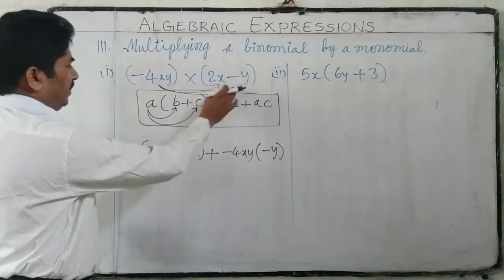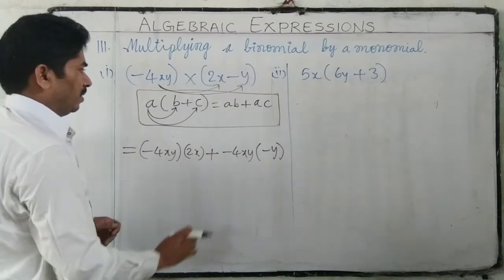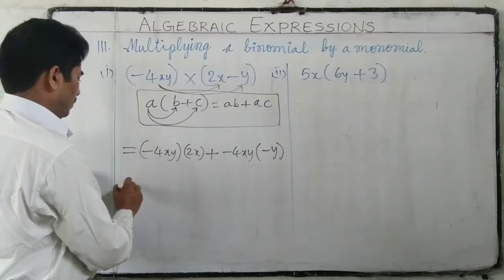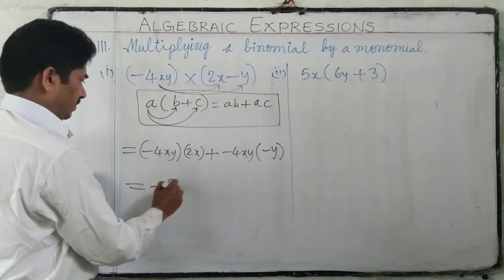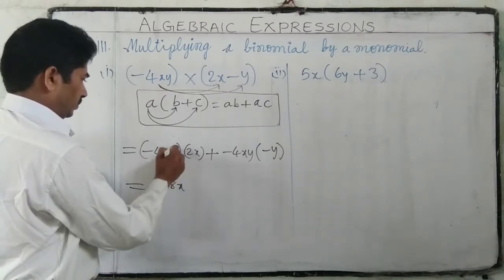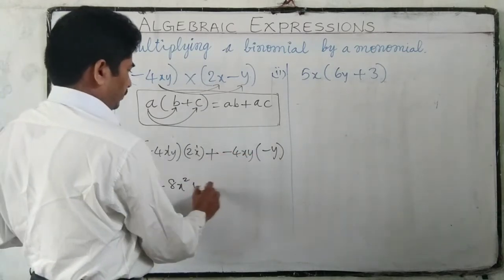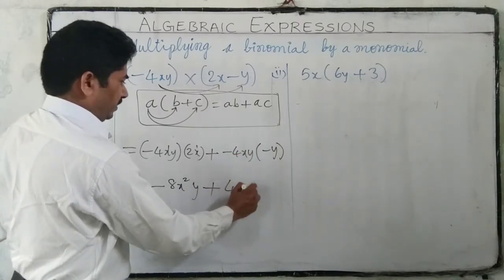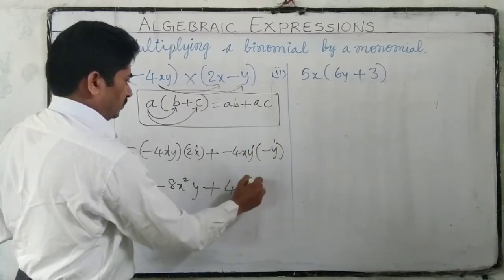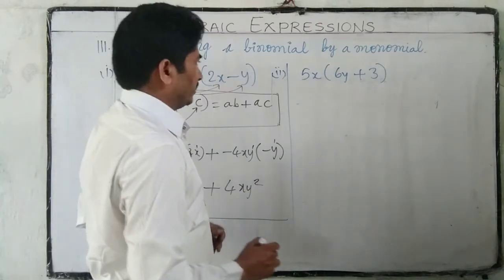Or we can multiply directly, minus into minus is plus. Like this we can write: minus into plus is minus, 4 twos are 8x square y, minus into minus is plus 4xy square. So this is the answer.